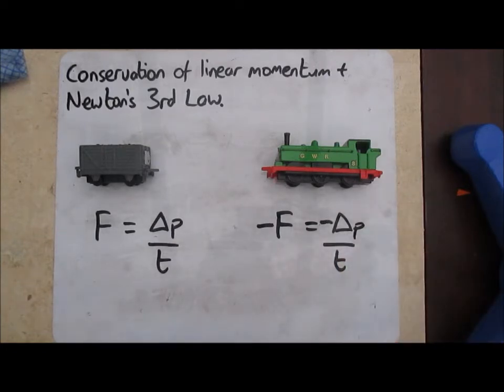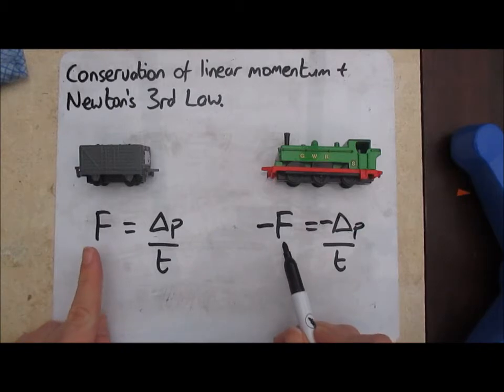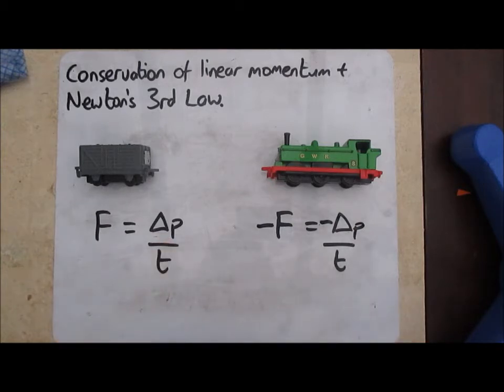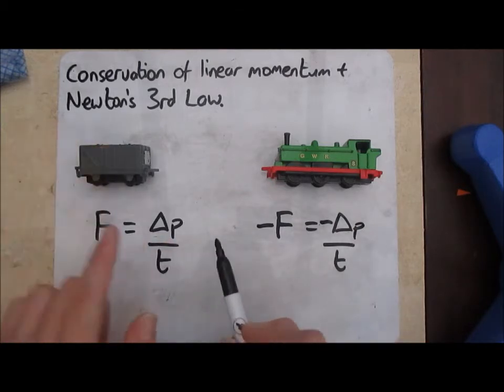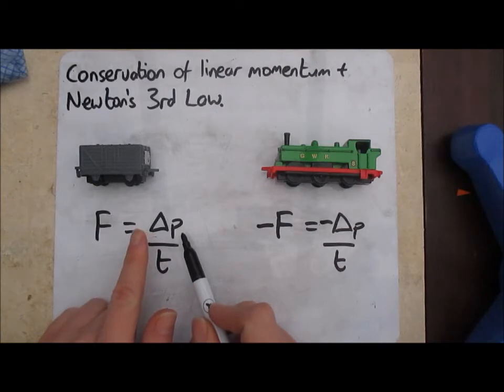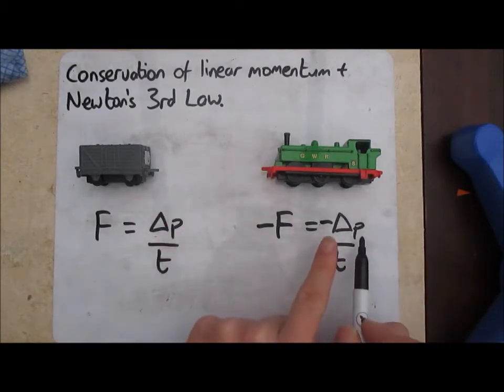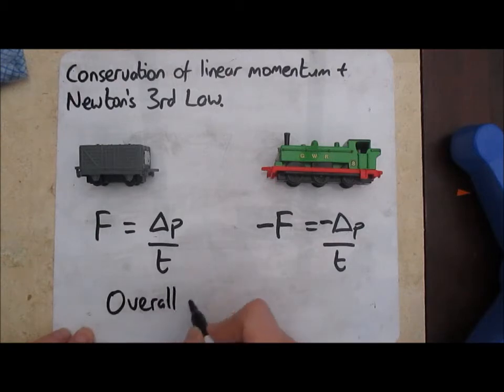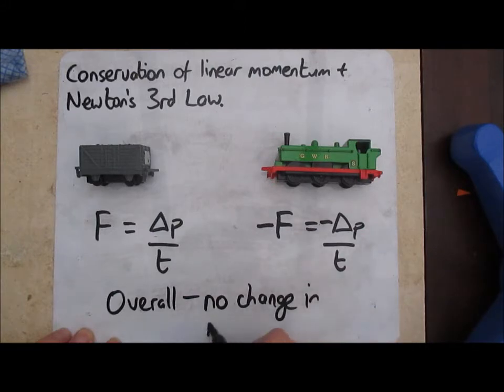So both objects experienced the same force, but in opposite directions, which means that both objects experience the same size change in momentum. The truck experienced delta P, Duck experienced minus delta P. Overall, there is no change in momentum.